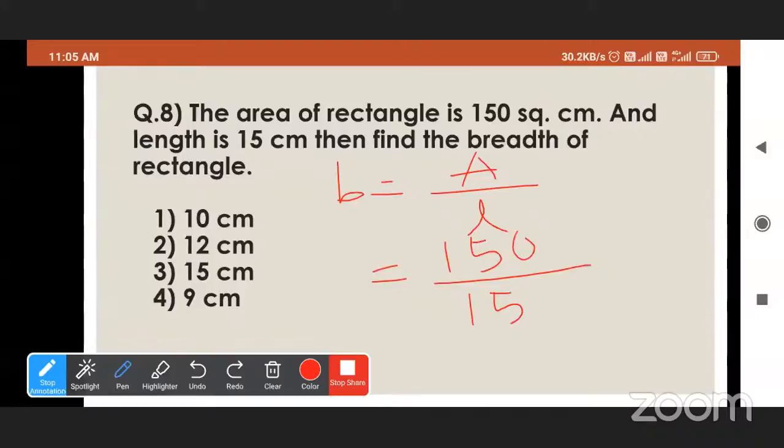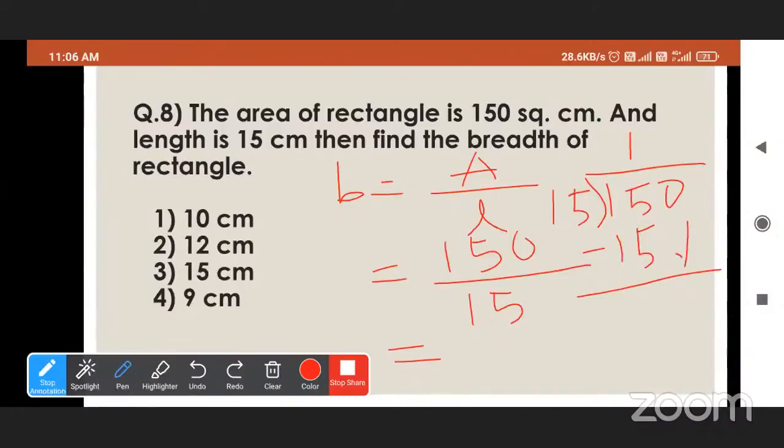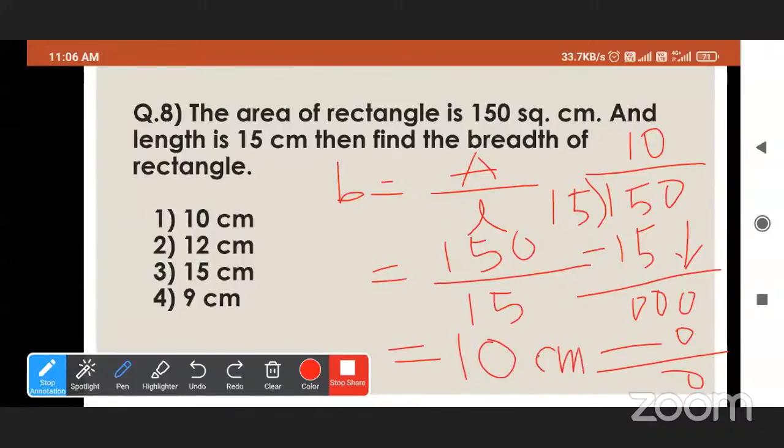If we divide 150 by 15, then we will get 15 ones are 15. 0 comes here, this is 0, and 0 is remaining. So what is the answer? See here, breadth is 10 centimeters.